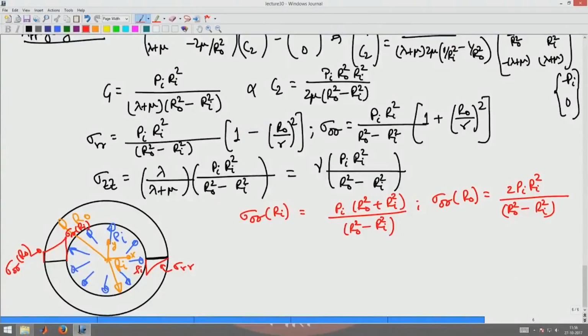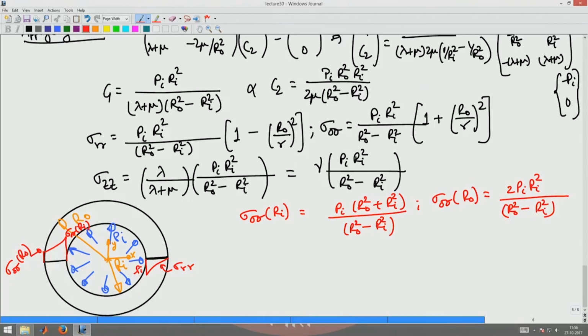Because hoop stress is tensile, due to Poisson's effect there will be a lateral contraction along the thickness direction and the axial direction, but in the axial direction what we have done is we have fixed the length to be a constant. Okay. Since the length has been fixed to be a constant, there should be axial tension coming in to maintain the constant length, and hence you have sigma zz, which is a tensile stress, which is a constant stress across the cross section.